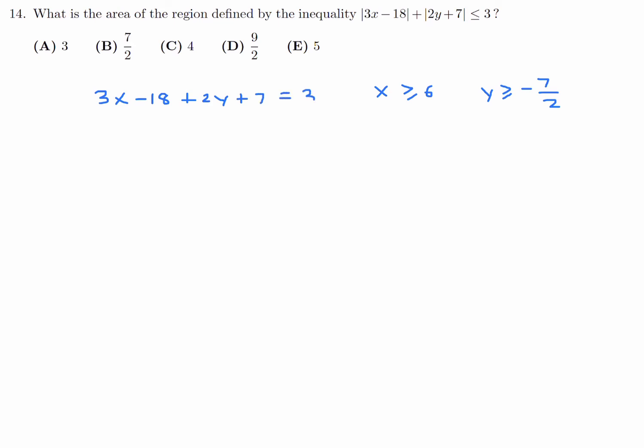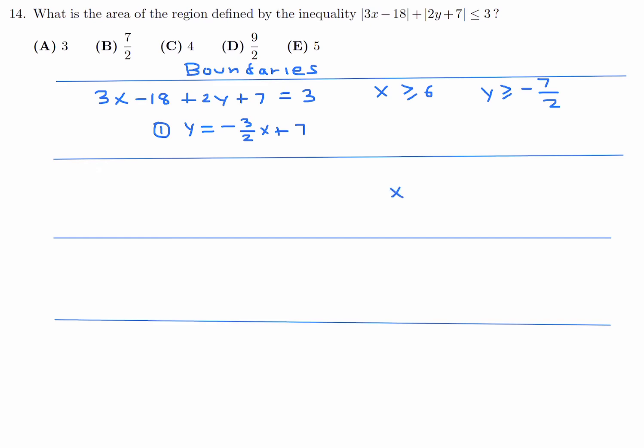Now I'm going to set it equal. Why? Because I want to create boundaries. And those boundaries will allow me to figure out the area of this region. Right? So this first one is going to be of this nature. And solving for this, we get y is equal to minus 3 over 2 x plus 7. So this is my first boundary, equation number 1.